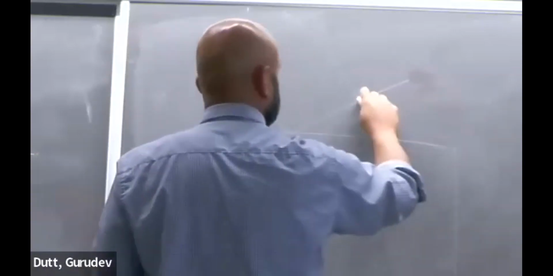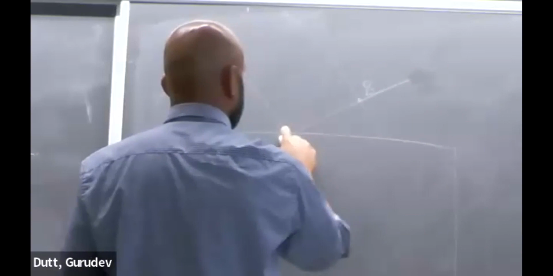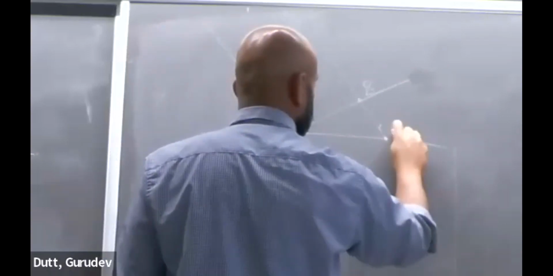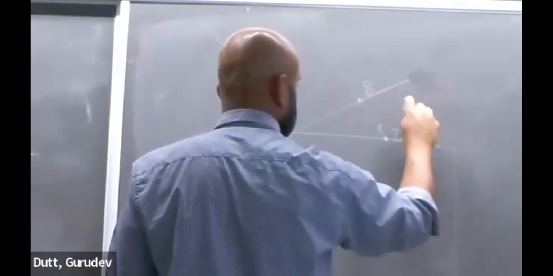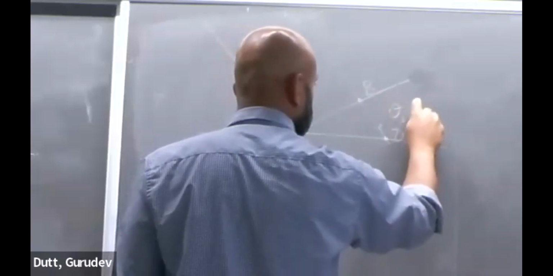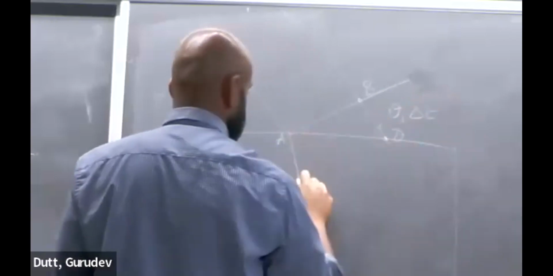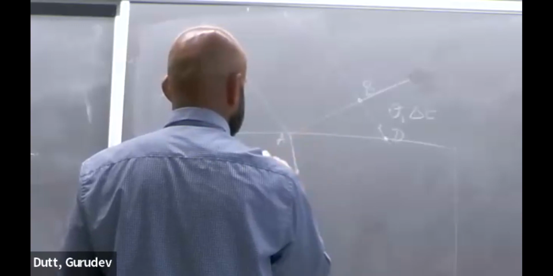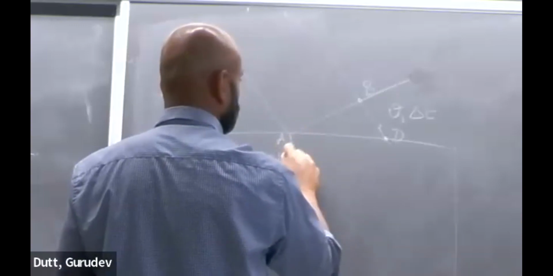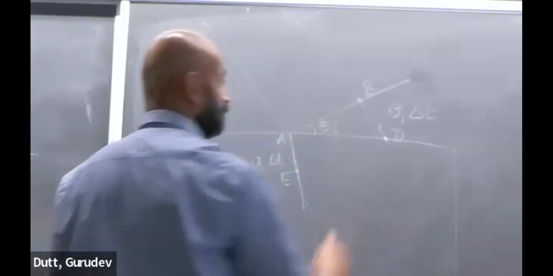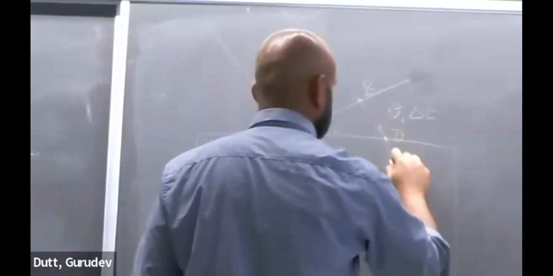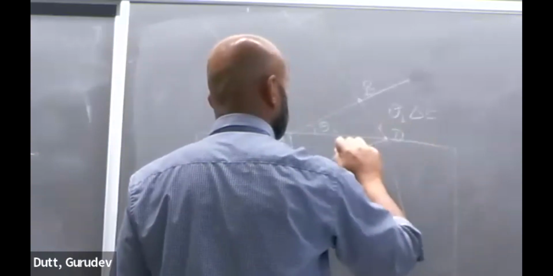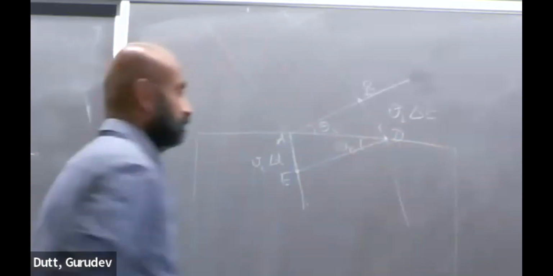Here's the point B, here's the point A. Then this distance BD is VI delta t, and this distance AE is VT delta t. This angle is theta I, and this angle over here I'm calling theta T.